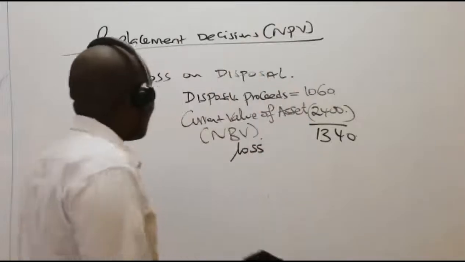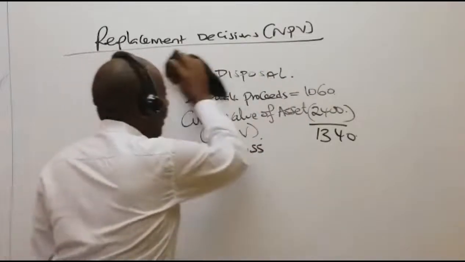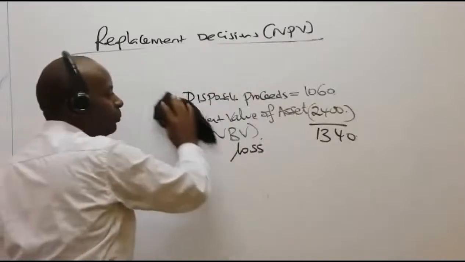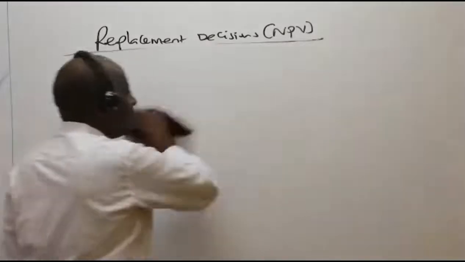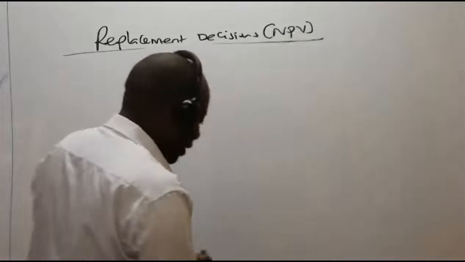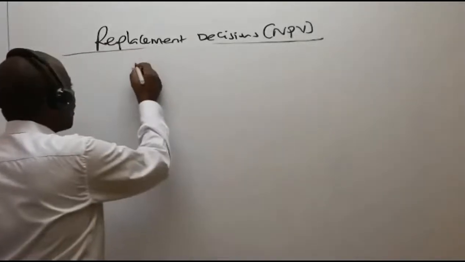Now from there, ladies and gentlemen, step number 2. Now come and give us step 2. This is step 1, the first step. So step number 2, come and give us the initial outlay.